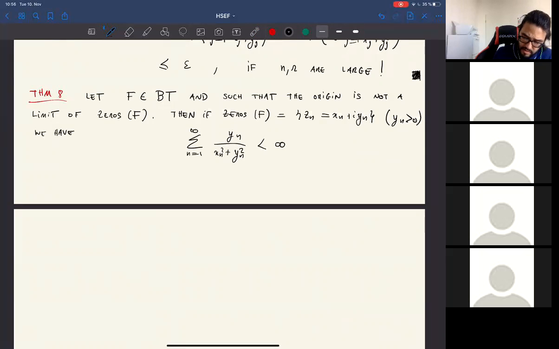And then we can write f as a Blaschke product times the function g, where B is the Blaschke product.